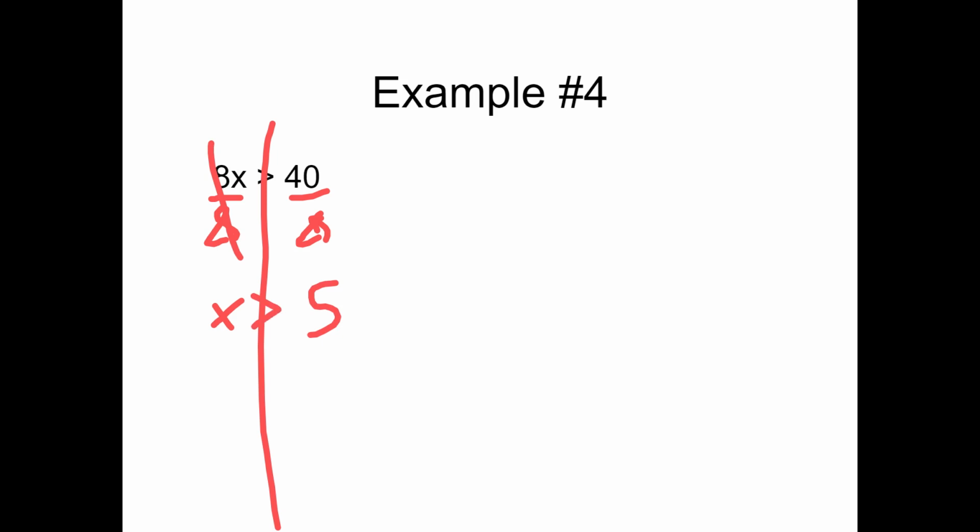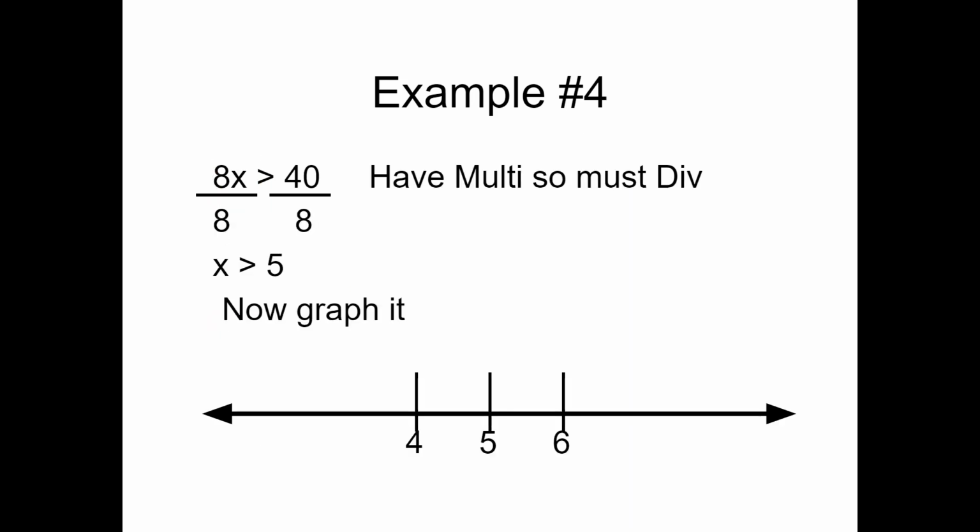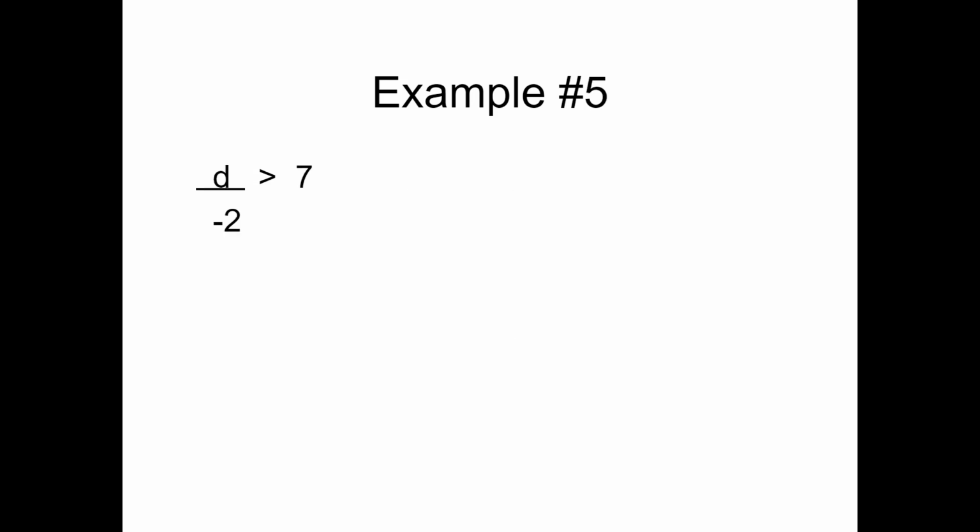So x is greater than 5. Now, I did not have to multiply or divide on both sides by a negative number, so my inequality symbol is going to stay the same in this case. When I graph it, if x is greater than 5, all the numbers that are bigger than 5 are going to be to the right. All right, next one up.